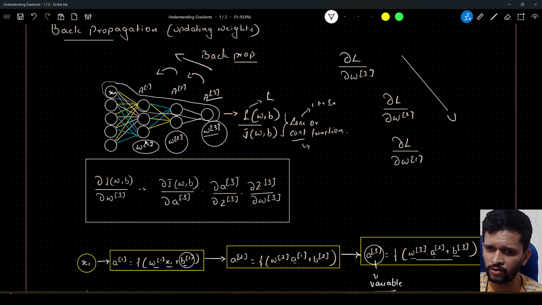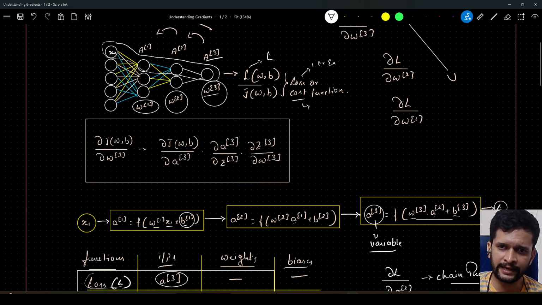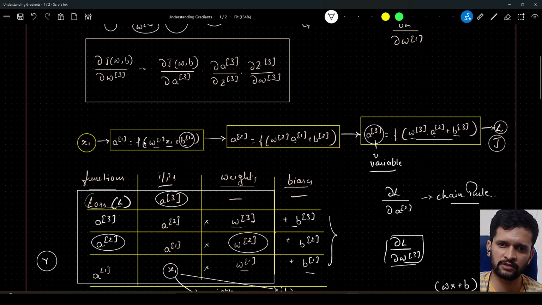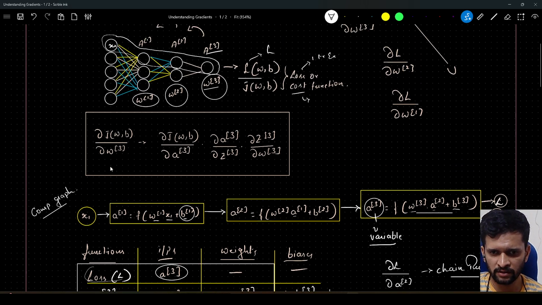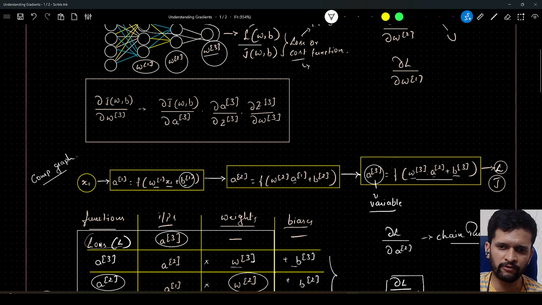Right? In order to do this, I have taken out this particular section that I have highlighted here, and converted this into a computation graph. Okay, so I have written one feature x1. We feed that as an input in order to calculate our activations at layer 1. So f is some activation function.